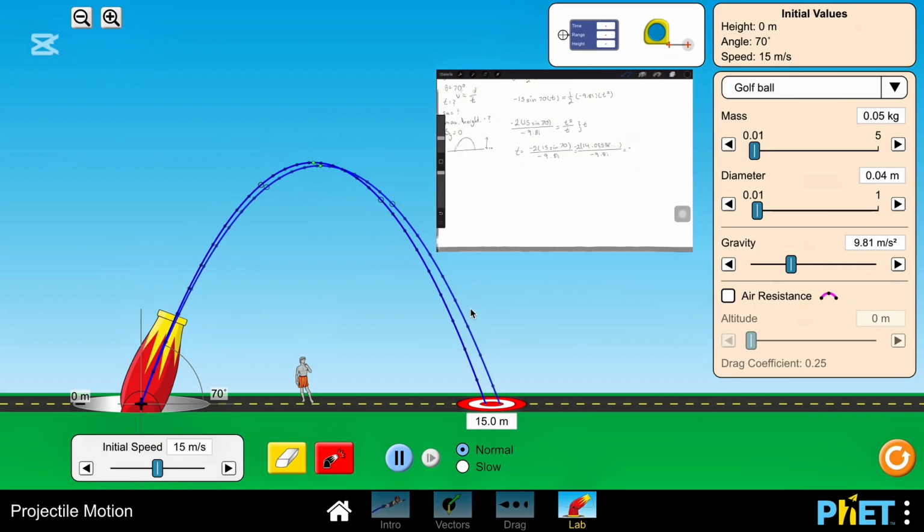So we all know the formula for this. That is velocity equals d over t. Okay.